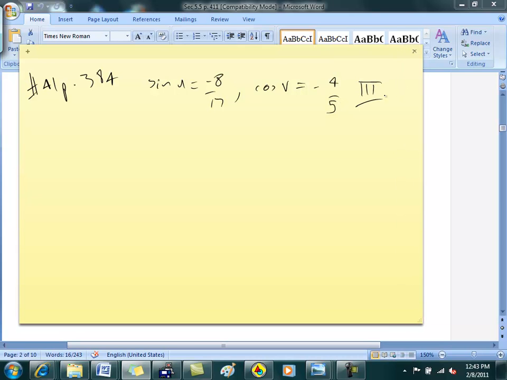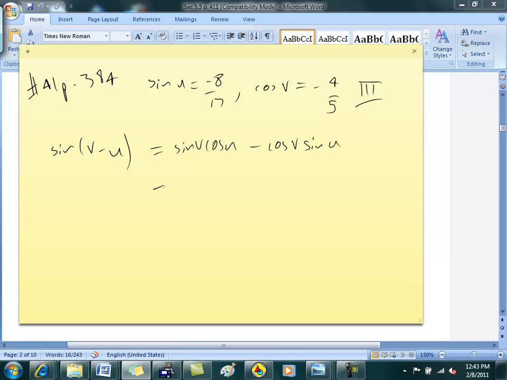They're asking you to find sine of v minus u. So this becomes sine v cosine u minus cosine v sine u. And then it's just a question of plug and chug.